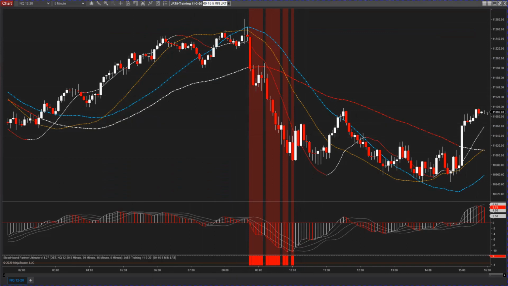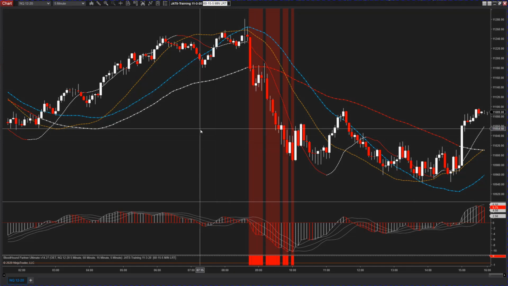So what we want to do is see if we can use statistically significant levels to tell us when price is oversold in this instance, and is it going to revert back to the mothership. And eventually it got here, went to this one, and then eventually got up there to the mothership.